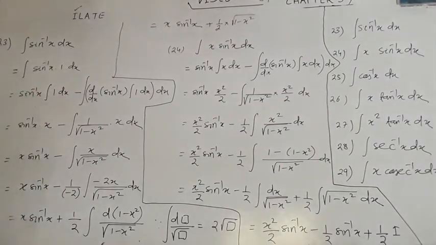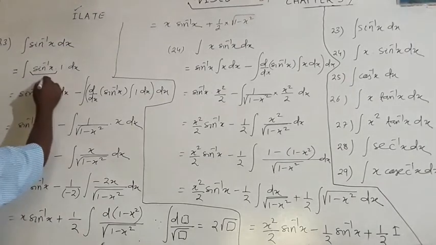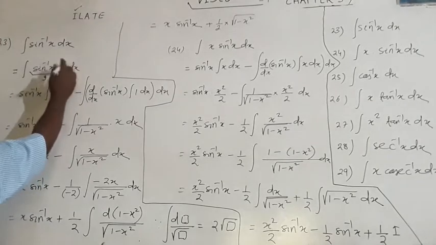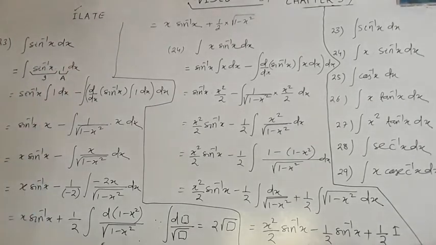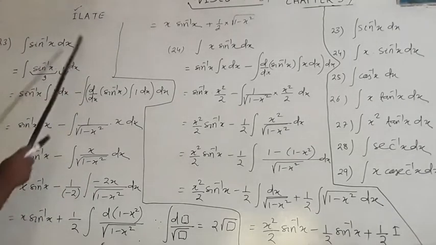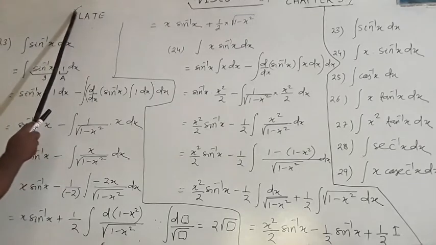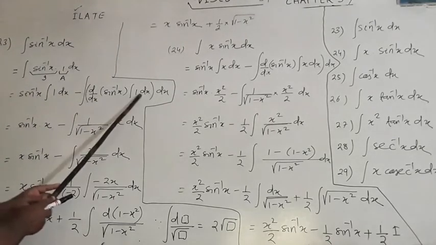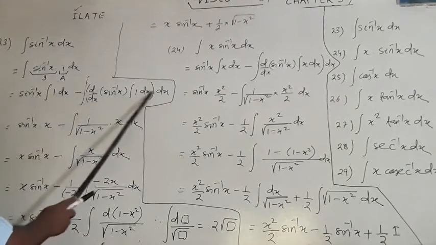Treating sine inverse x as the inverse trigonometry function, that is I, and this 1 is your algebraic function. Among inverse trigonometry and algebra, which comes in first position? Sine inverse x. So first, integration of second minus derivative of first into integration of second, whole integration.